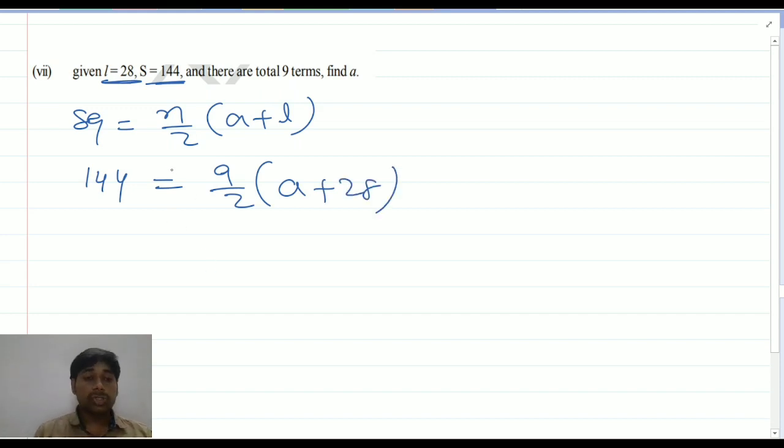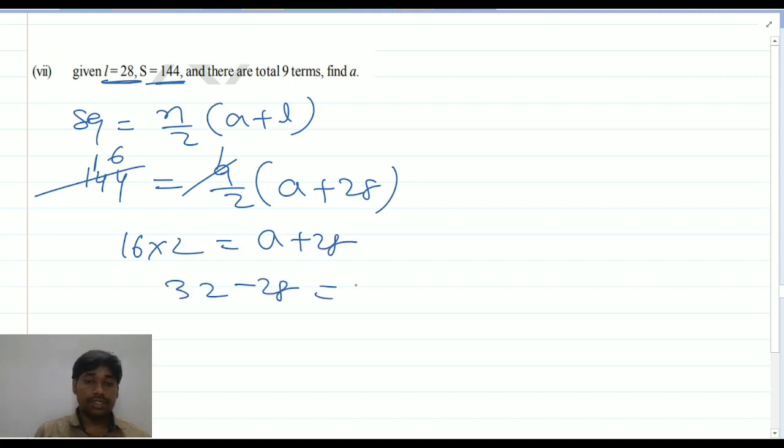Is it possible to divide? 9 ones are 9, then 54 is left, it is 16 times. So 16 into 2 is equal to a plus 28. 32 minus 28 is equal to a, then a is equal to 4.